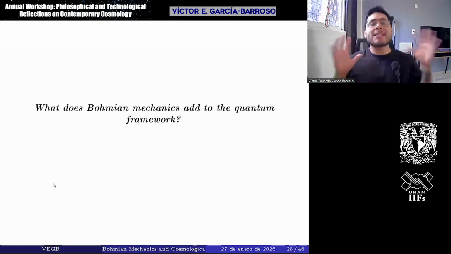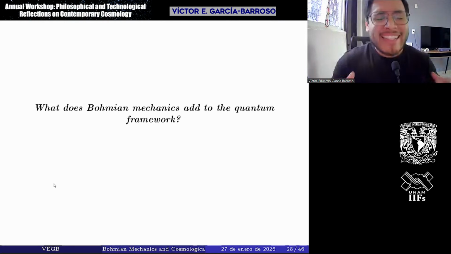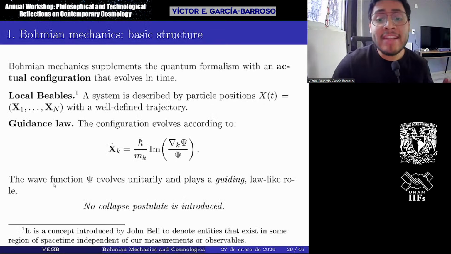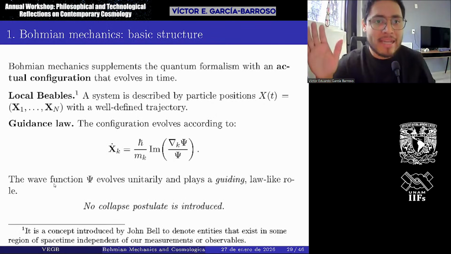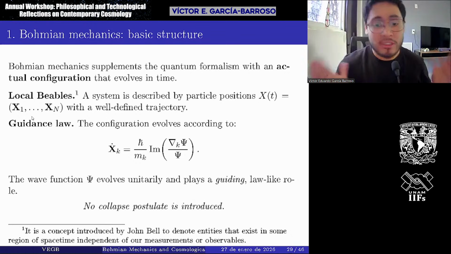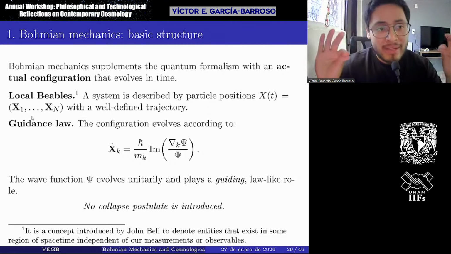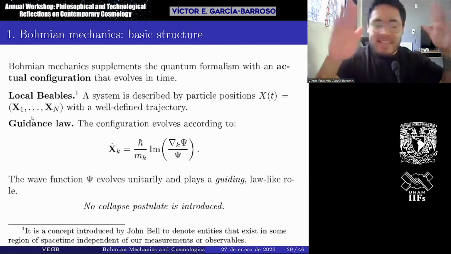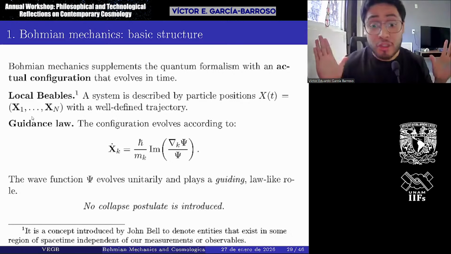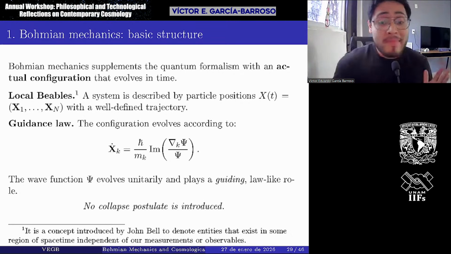Now, let's move to the solution. What exactly does Bohmian mechanics add to the picture? The core idea is simple. This is the structure of non-relativistic Bohmian mechanics. Standard quantum mechanics only gives us the wave function, what is called psi. In Bohmian mechanics, we add a crucial thing, an actual configuration.